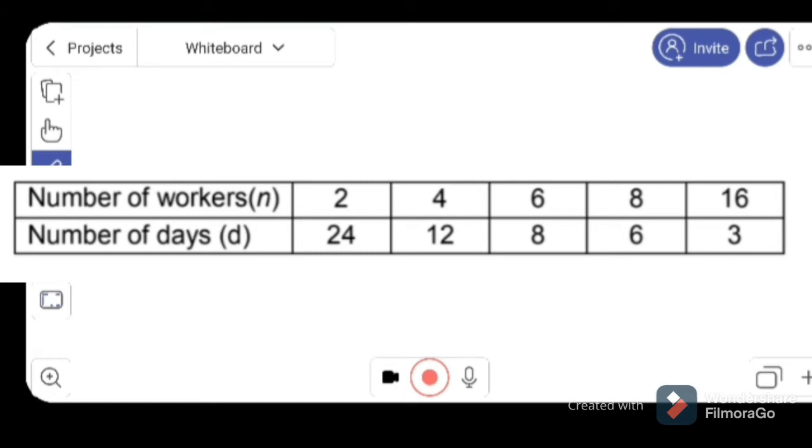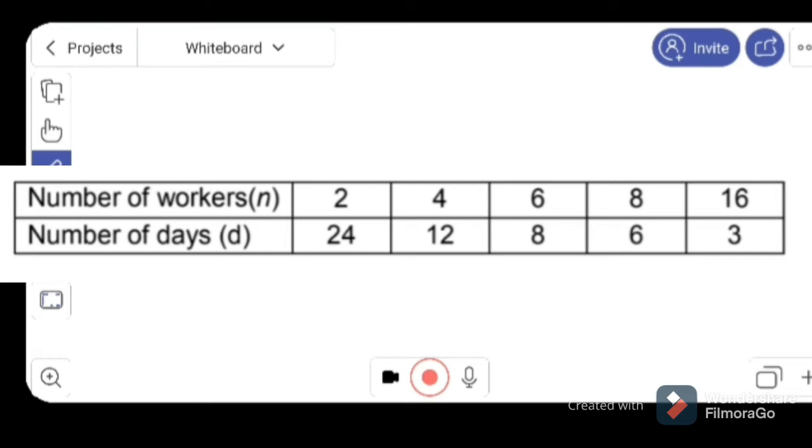Now, let us check if it's really an inverse variation. We need to take the product of each pair, n and d. So, 2 times 24 is 48. 4 times 12, 48. 6 times 8 and 8 times 6 is also 48. 16 times 3 is 48. Now, what can you say about the product of all of the entries that we have? It is 48.